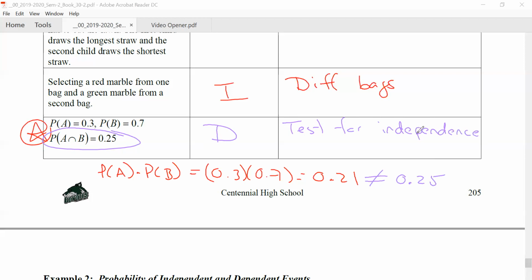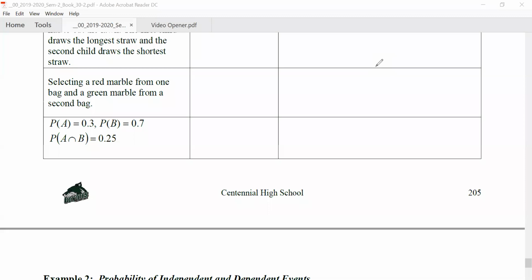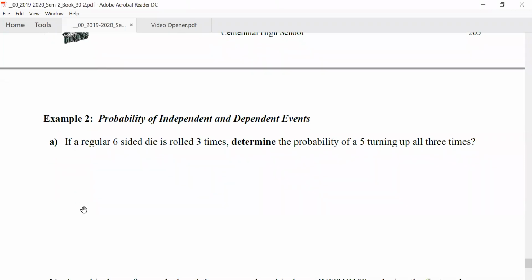So if P(A) times P(B) does not equal P(A and B), guess what? It's dependent. Okay, that's a really good one. I want you to take a look at that again. Maybe something that I see on a quiz or a test. Hint, hint, nudge, nudge, wink, wink.